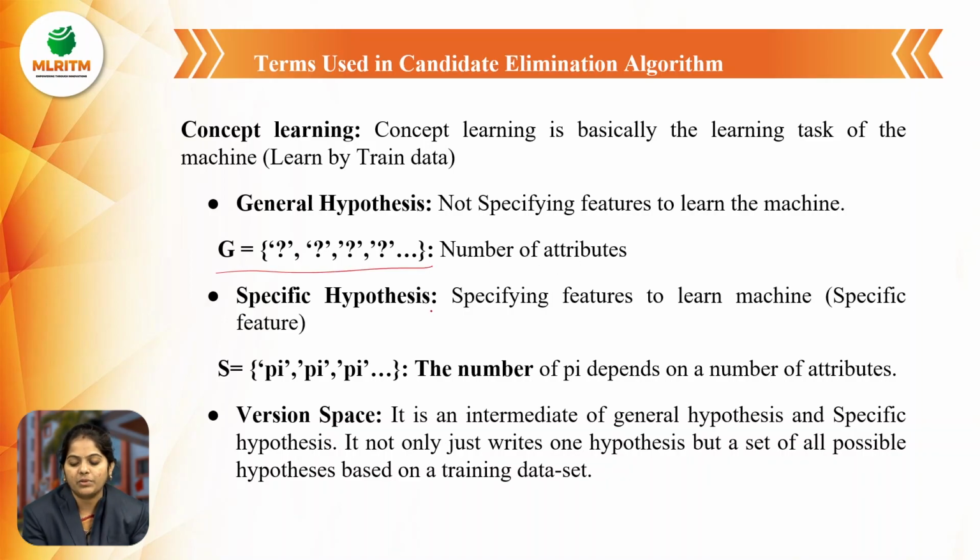The specific hypothesis will specify the features to learn the machine, and every time the specific hypothesis will get marked with the phi symbol, and again the number of phis will depend on the number of attributes. And the version space is an intermediate of the general hypothesis and the specific hypothesis, and it is not just one hypothesis, but a set of all the possible hypotheses based on a training data set.